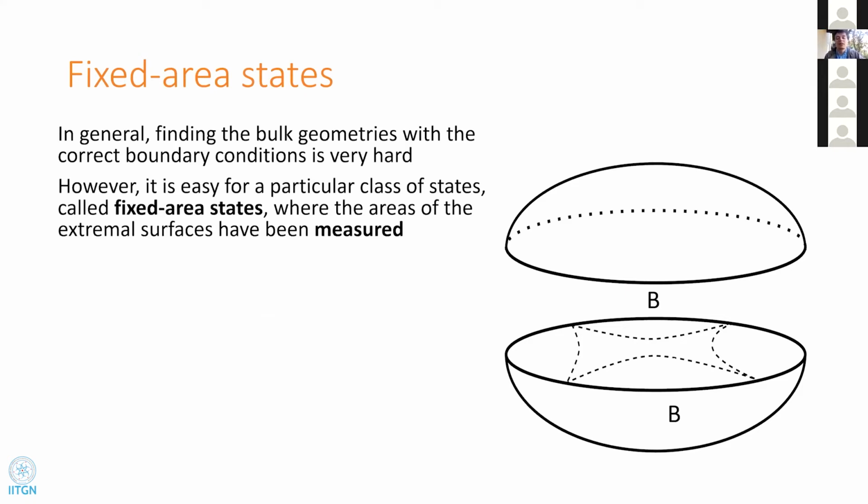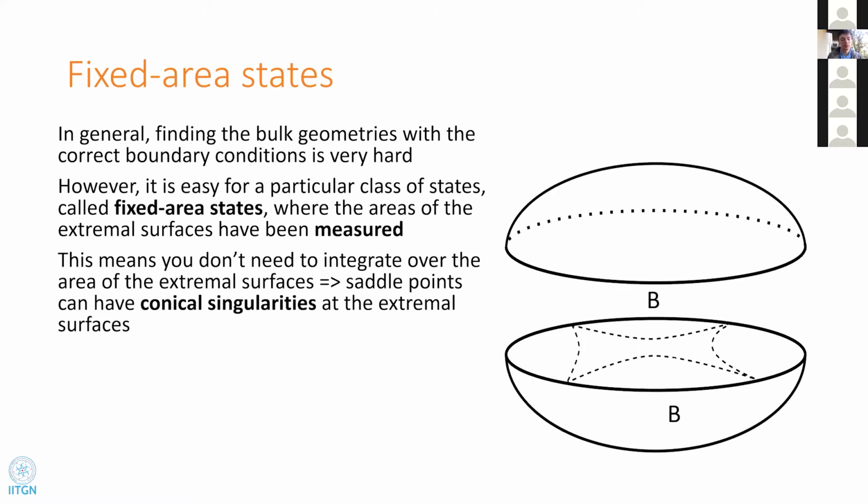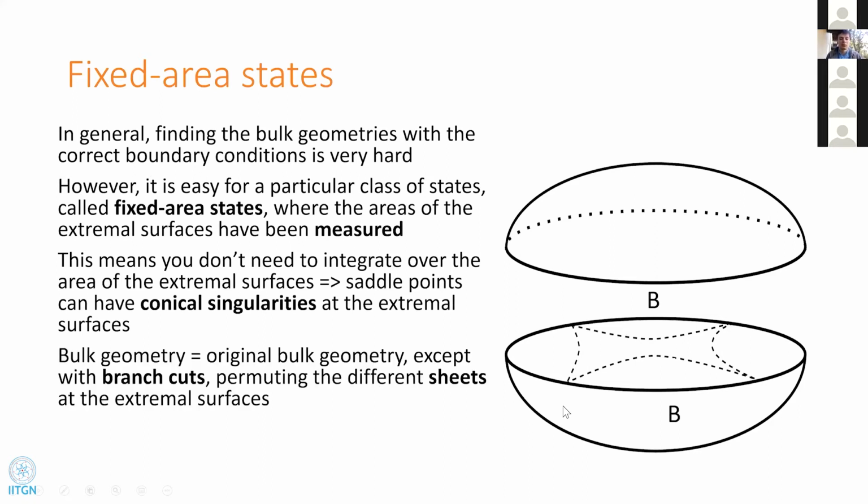So what are these fixed area states? They're just states where you prepare the state, and then you measure the areas of all these extremal surfaces. These areas are fixed to be some particular value. What does that mean? It means in the path integral, you no longer need to integrate over the areas of these extremal surfaces. And that in turn means that if you look for saddle points of that path integral, then those saddle points can have conical singularities that sit at the extremal surface.